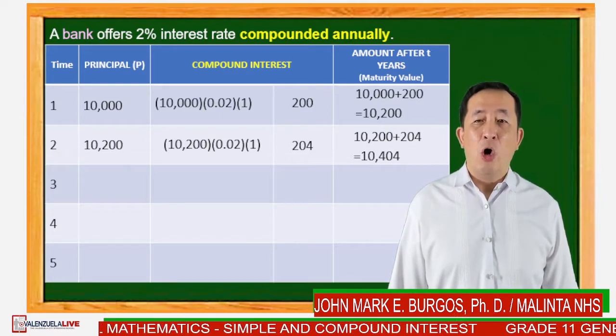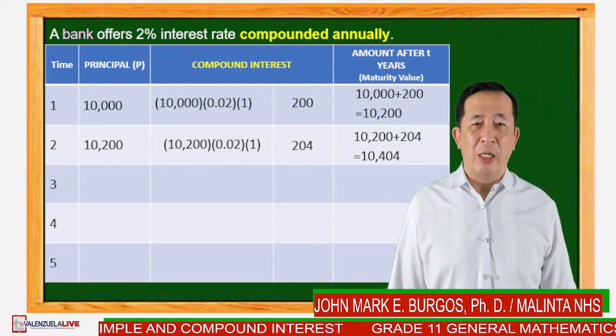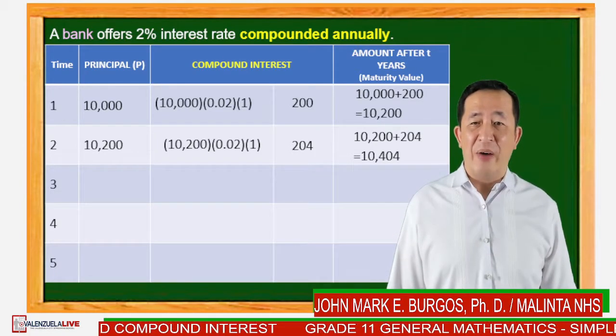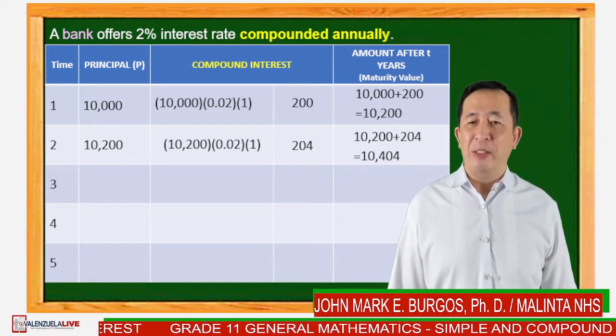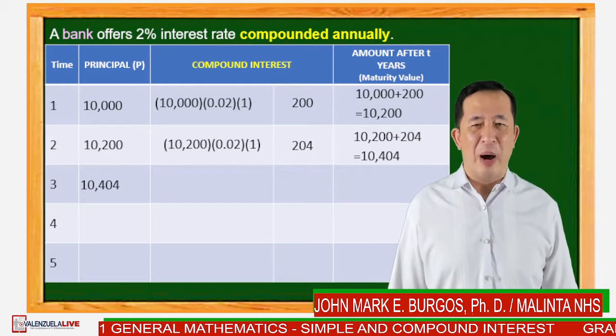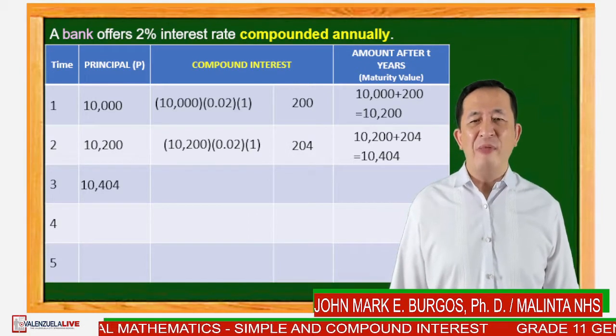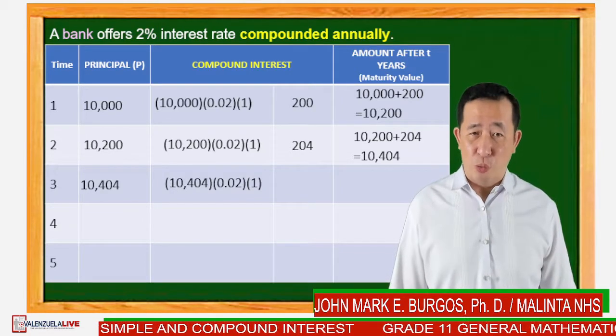10,404. On the third year, on the principal, we have to start with the computed maturity value of time 2 or the second year. So we have the principal 10,404, and to compute for the compounded interest, we have 10,404 times 0.02 times 1.